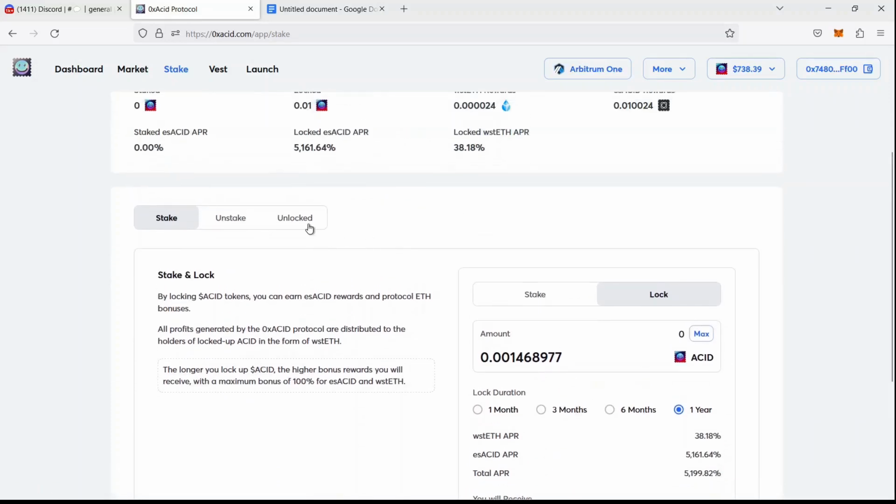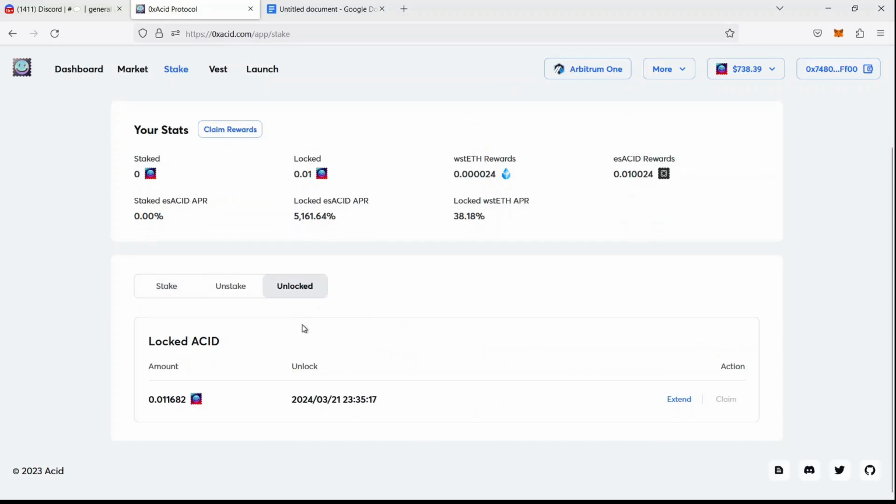Now, regarding locking, there's two things that you must understand as well. What you need to know is you can't have two different positions in the locking contract. What I mean by that is you can't have X amount of asset locked for 1 month and then you decide to buy asset again and lock for 3 months.